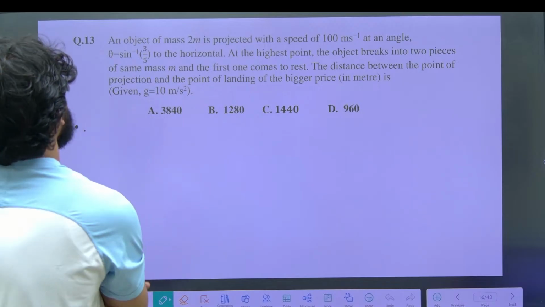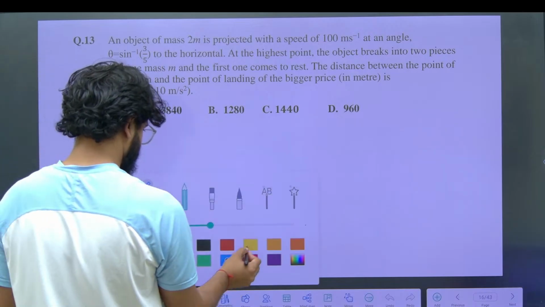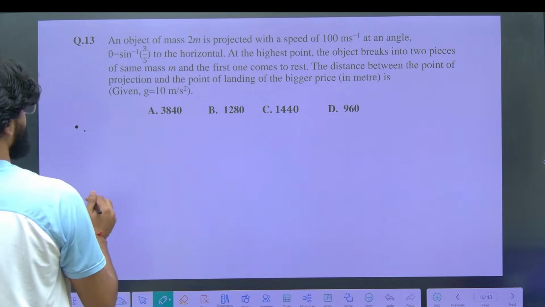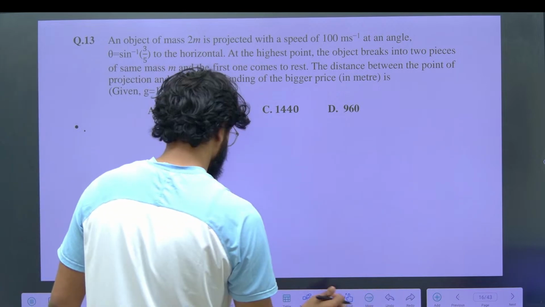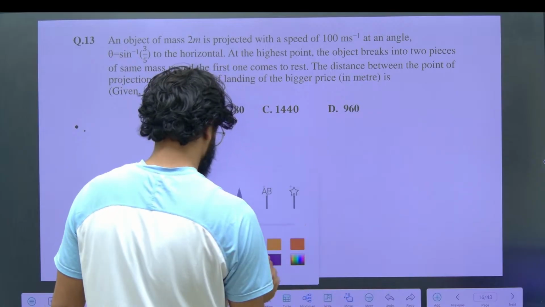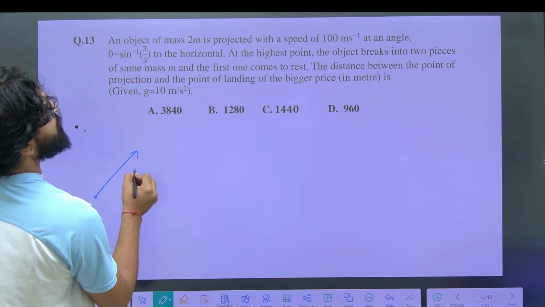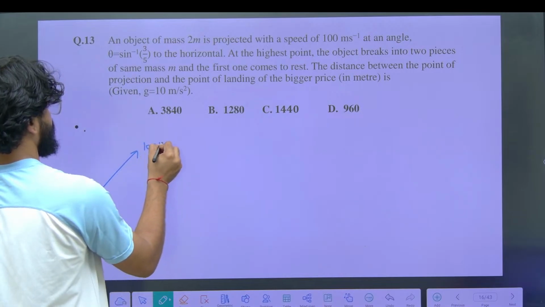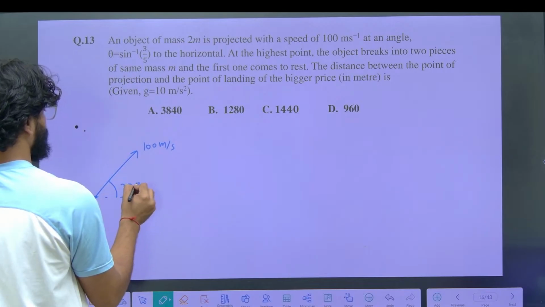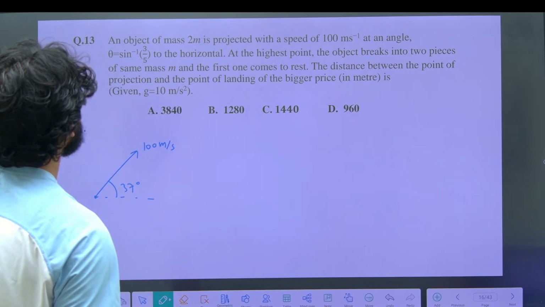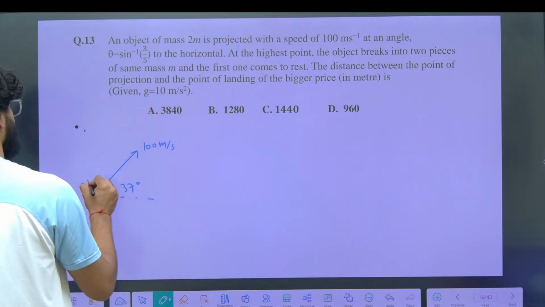Object of 2m is projected with a speed this at an angle this. This angle is nothing but 37 degree, right? I should avoid yellow color. Okay, this is what they are saying. And the mass of this guy is 2m.